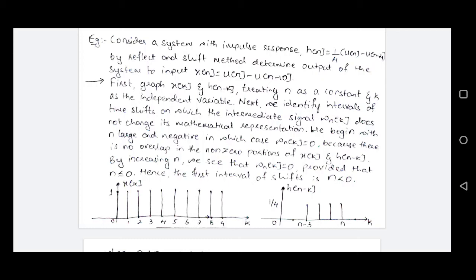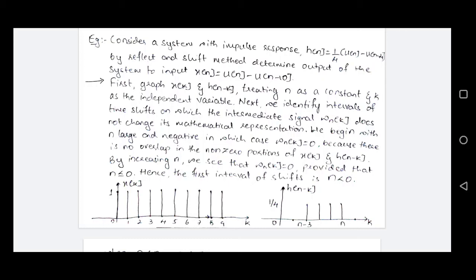Now if you write h of k, it will have 4 samples present at 0, 1, 2 and 3 with amplitude 1 by 4. To obtain h of minus k, we'll reflect it. After reflecting it, the samples will be present from minus 3, minus 2, minus 1 and 0.